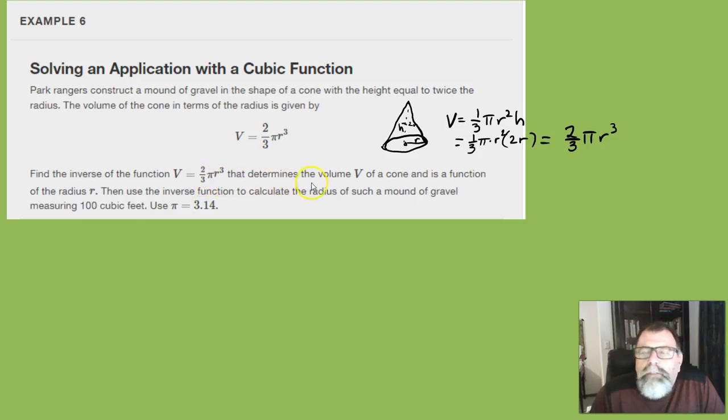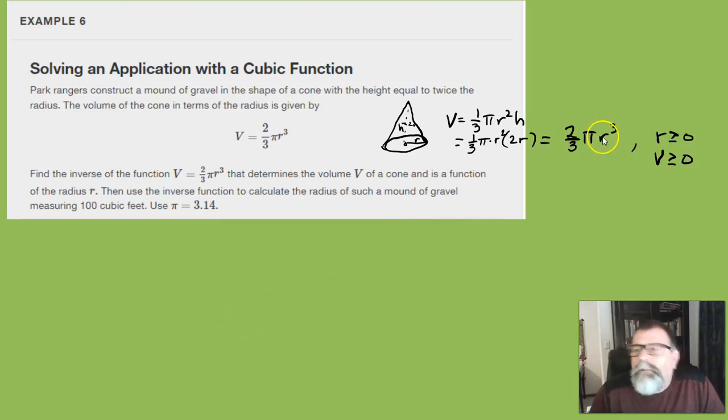Find the inverse that determines the volume V. So since this is cubed, we don't have any problems with it being 1-to-1. And it is an application problem, so typically we're only concerned with r being greater than or equal to 0. And then the range is going to be greater than or equal to 0 as well, right?